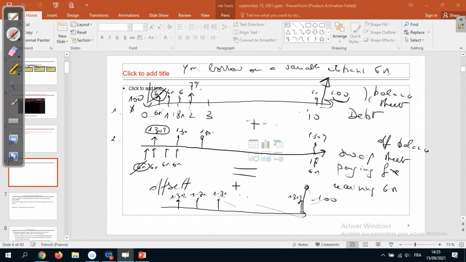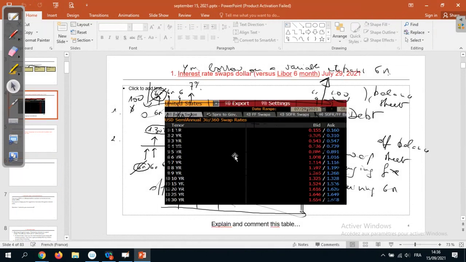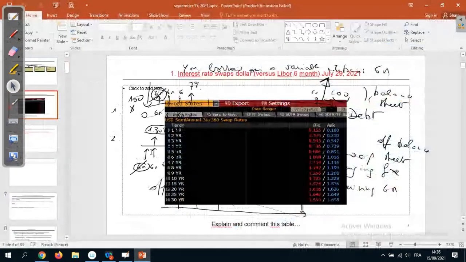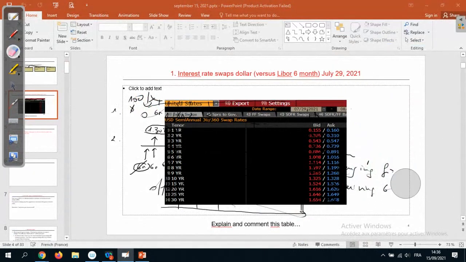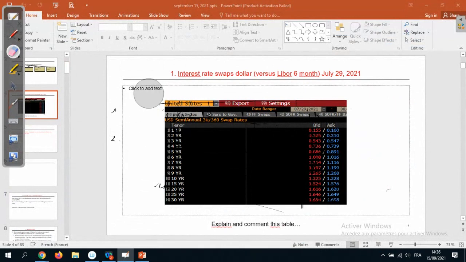Especially today, do you know that we have swaps with a 10-year interest rate of 1.30%? Look at that, it's extraordinary.